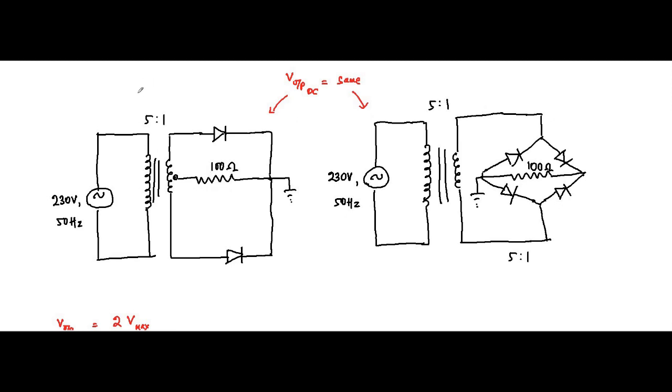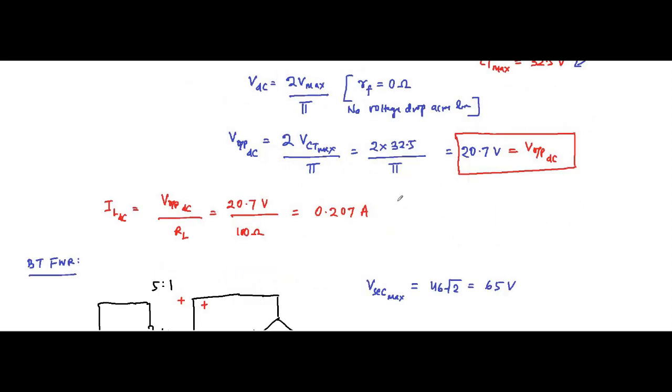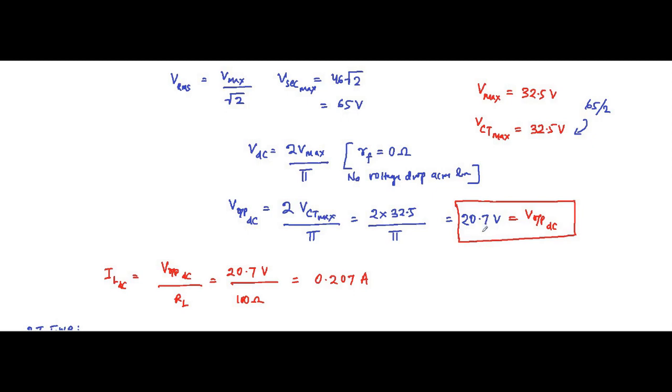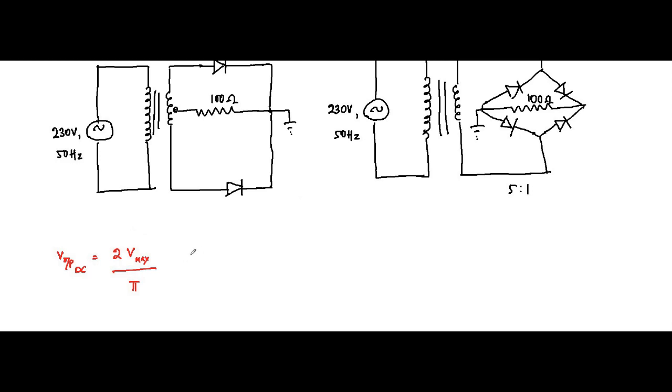Now let us say for the center tapped full wave rectifier we keep the same conditions: 5:1 turns ratio, 230 volt, 50 hertz, 100 ohm, everything is the same. So when everything is the same, the DC value of the output voltage will be equal to 20.7 volt, when V max is equal to 32.5.